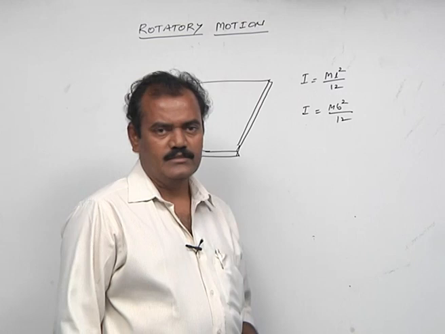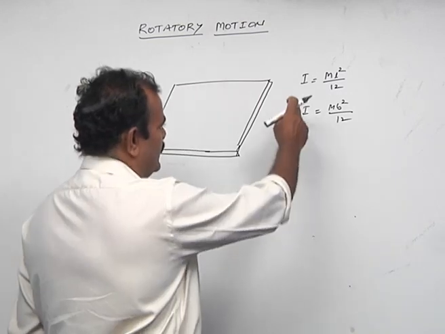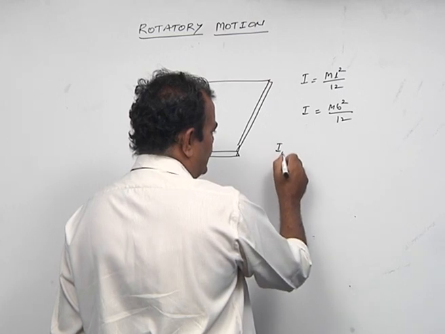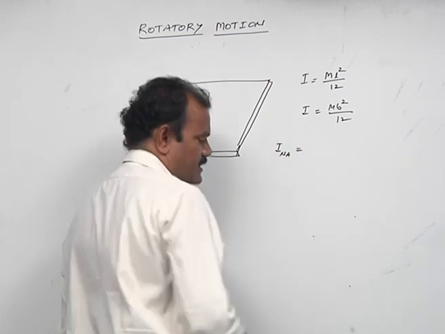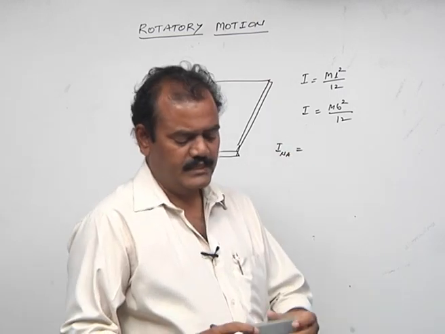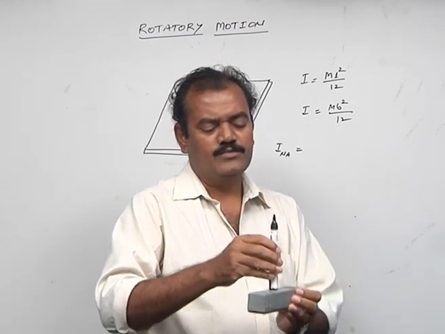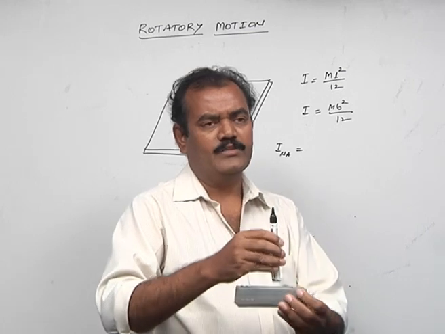Now, using the perpendicular theorem, I_NA, that is the perpendicular theorem, means passing through the center and perpendicular to the plane of the lamina.